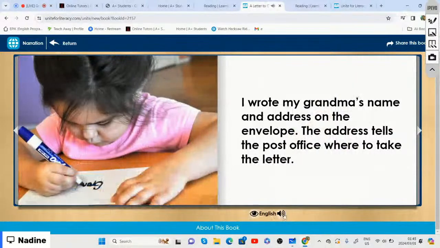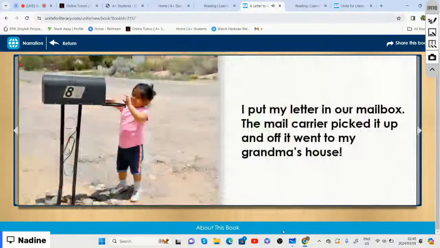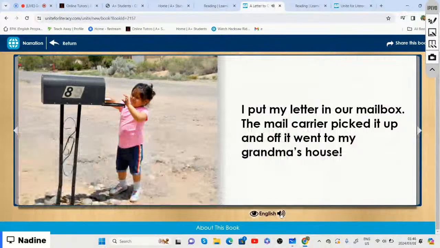The address tells the post office where to take the letter. I put a stamp in the top right-hand corner of the envelope. I chose a fruit stamp because my grandma loves to eat fruit. I put my letter in our mailbox. The mail carrier picked it up and off it went to my grandma's house.